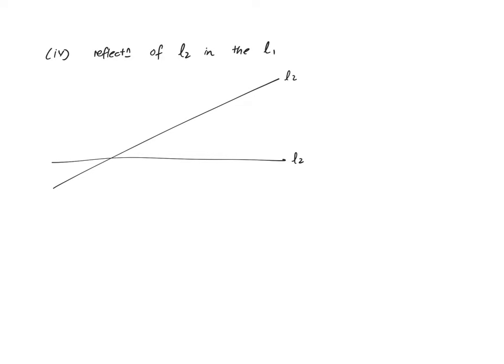From part 2, we know that the position vector of the foot of perpendicular from the origin to line 1 is basically (-2, -1, 2). And one interesting thing is that the origin actually lies on line 2, because the equation of line 2 is actually (6, -4, 1) times a parameter.